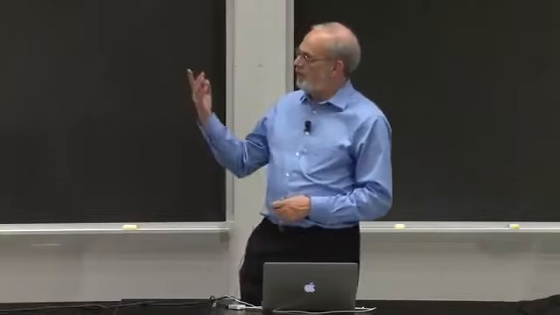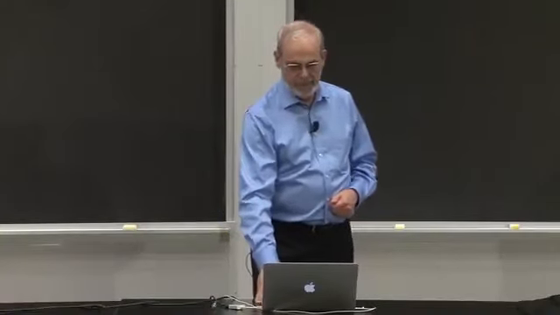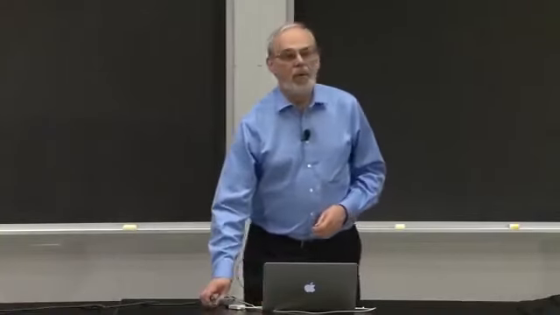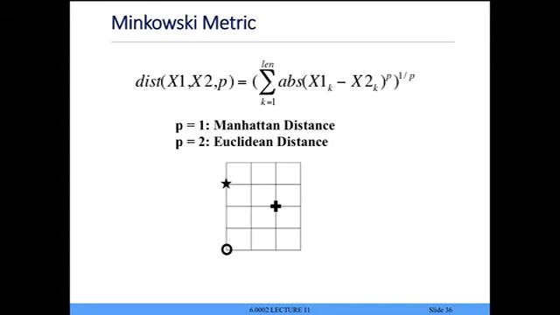And as we said before, it'll either be used to cluster things or to find a classifier surface that separates them. So here's a simple way to do it. For each of these examples, I'm going to just let true be 1, false be 0. So the first 4 are either 0s or 1s, and the last one's the number of legs. And now I could say, all right, how do I measure distances between animals or anything else, but these kinds of feature vectors?